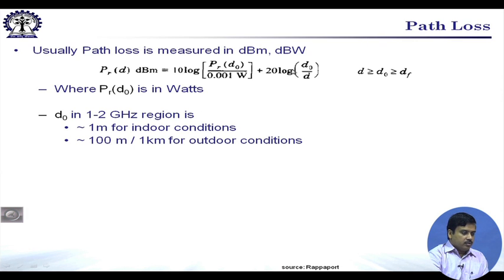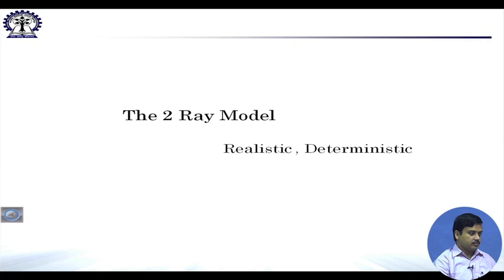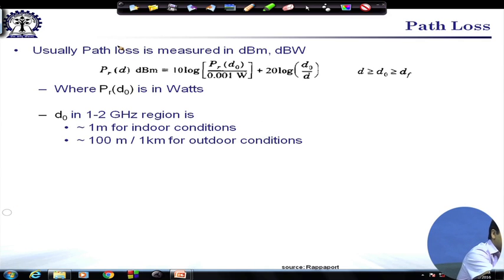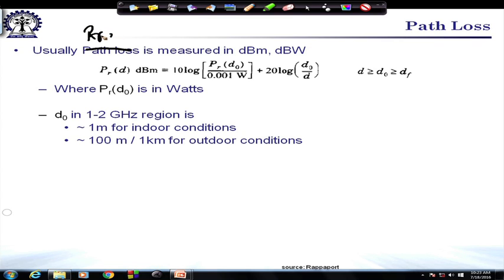And d0 is typically 1 meter for indoor, around 100 meters for outdoor. It can be 1 kilometer if the separation distance between transmitter and receiver would be a few tens of kilometers. Sorry, this particular thing needs to be corrected. It is not path loss. This is the received signal strength, measured in dBm or dB watt.